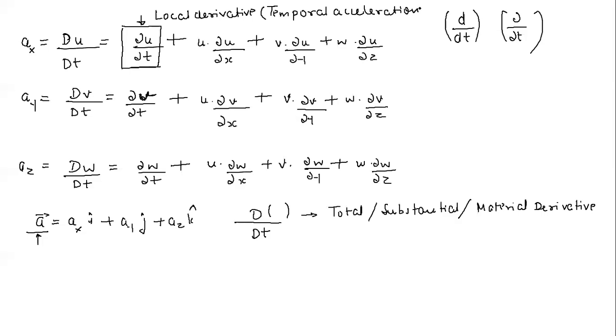Similarly, this term is also called local derivative or local acceleration or temporal acceleration. Local derivative or temporal acceleration means simply that you are visualizing your particle within the vicinity of a particular point, that means near around this point P. That means you are checking the behavior of that fluid particle locally. So that's why we call this the local derivative.